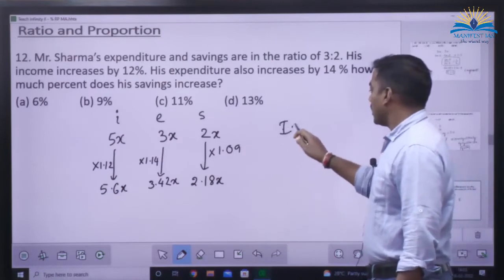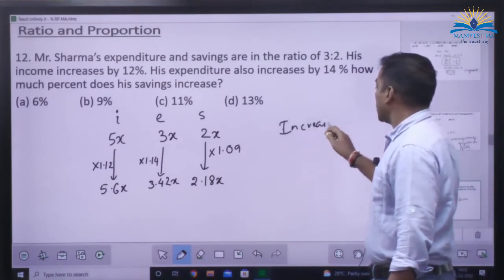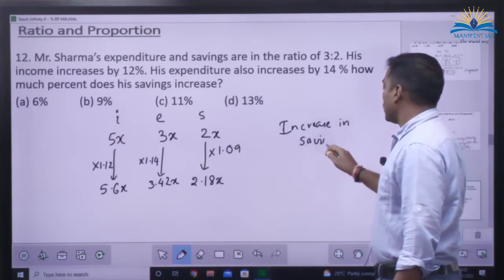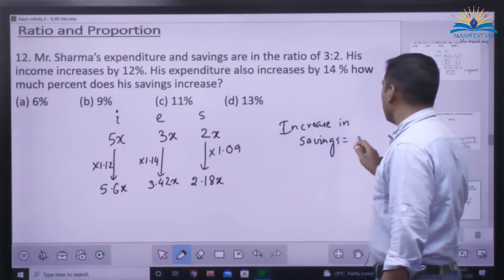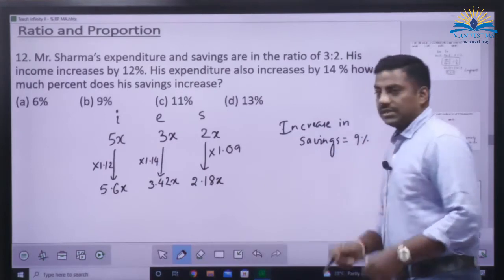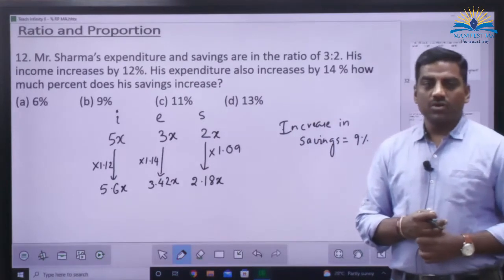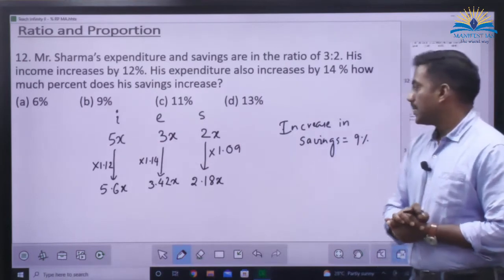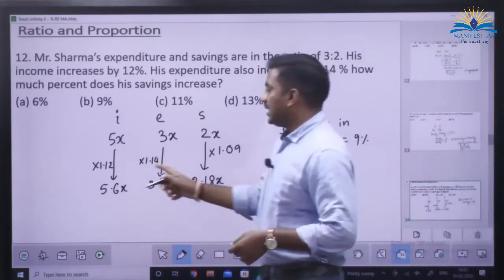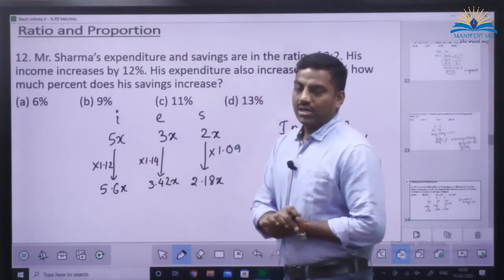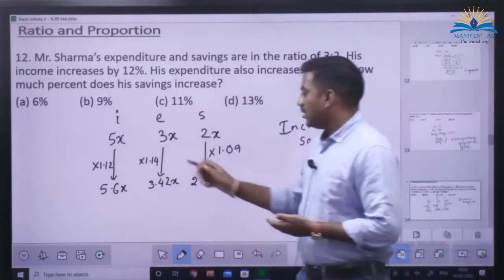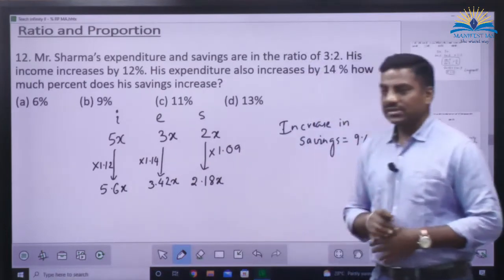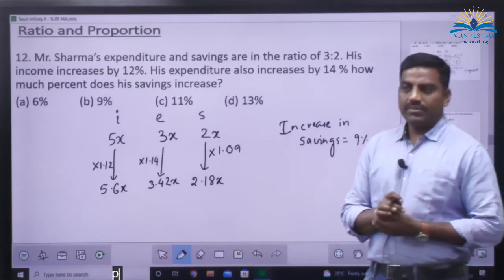So the increase in savings is equal to 9%. 12% increase in income, 14% in expenditure, so 9% increase in savings. Done?